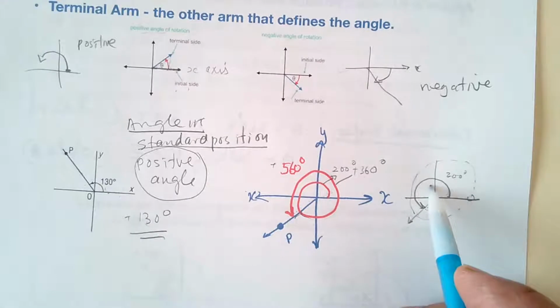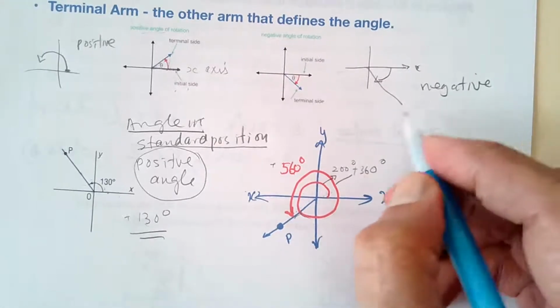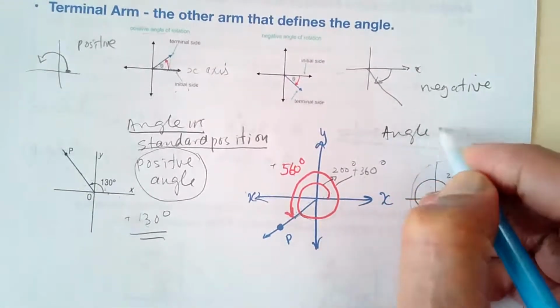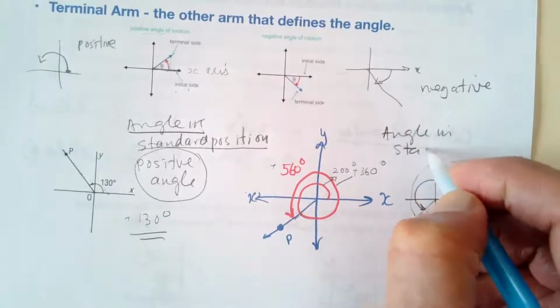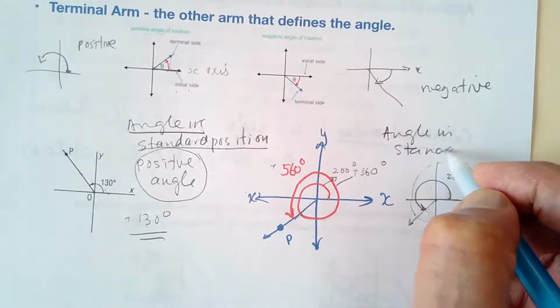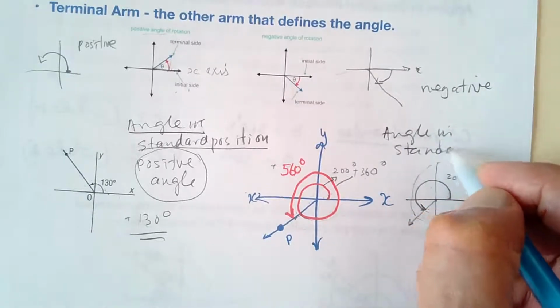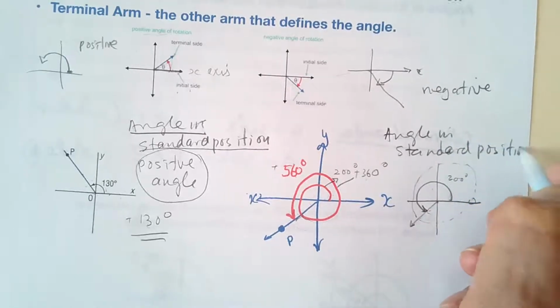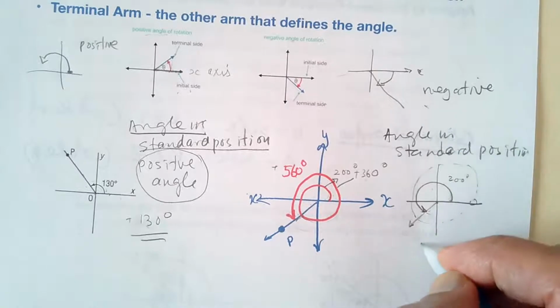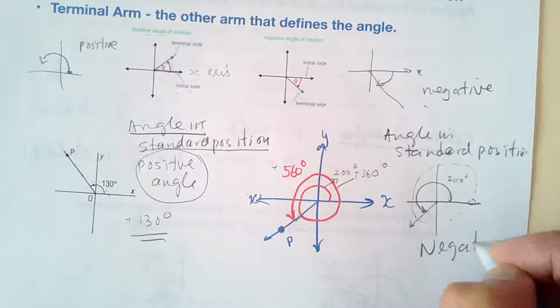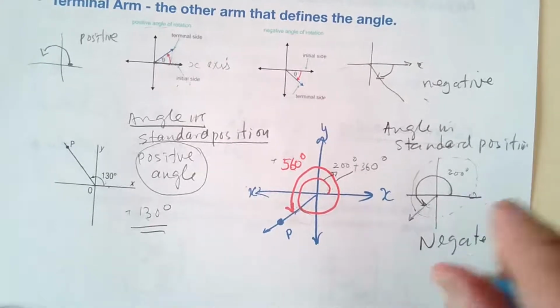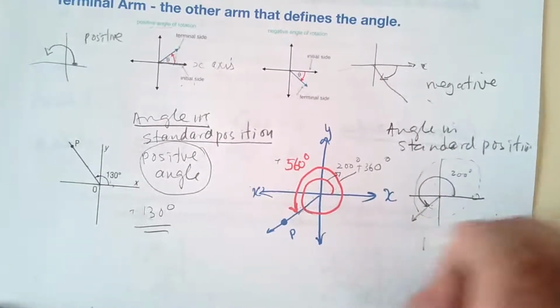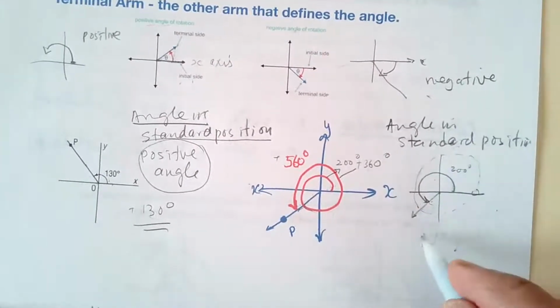Now, on the other hand, you have an angle in standard position that is negative. Sorry, this one is positive in this case, and it's more than one rotation, but this is positive also.